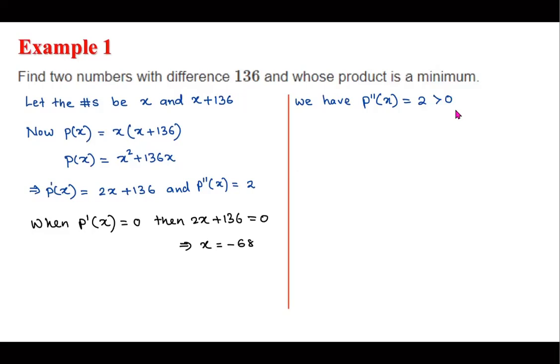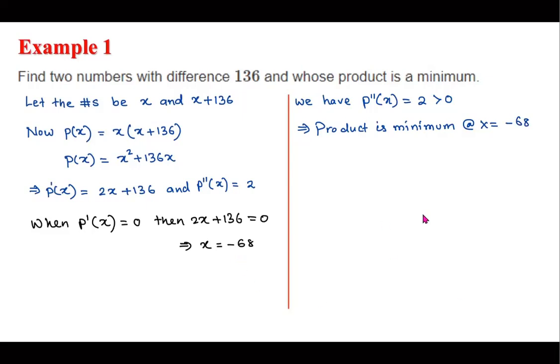Second derivative greater than 0 means the product is minimum at the critical point, x equal to negative 68.